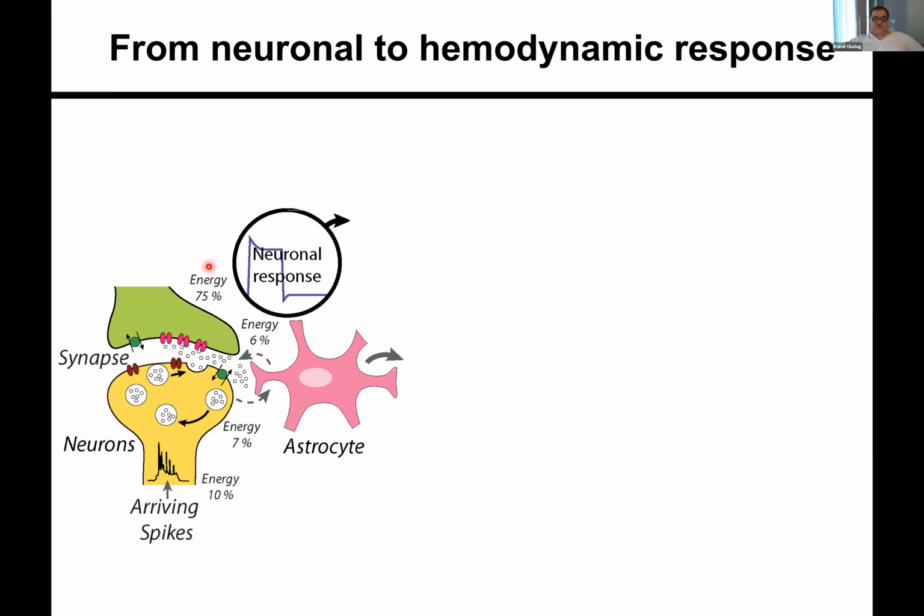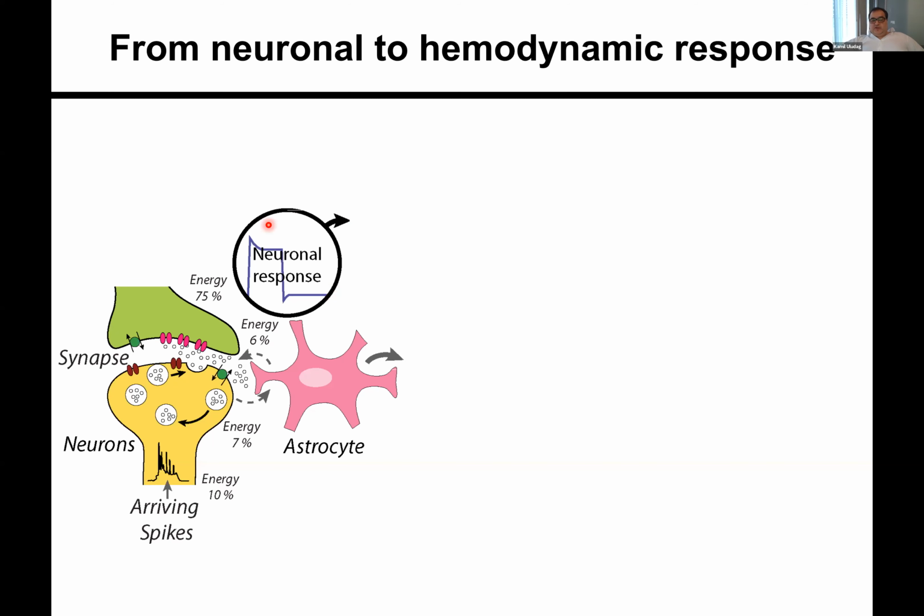The most energy is consumed by postsynaptic activity, or pumping the ions back to their state before the release of the neurotransmitters. Action potentials themselves do not consume much energy, and that's also one of the reasons why fMRI reflects local field potential, because the most energy consuming processes are the postsynaptic activity, and local field potential reflects mostly postsynaptic activity.